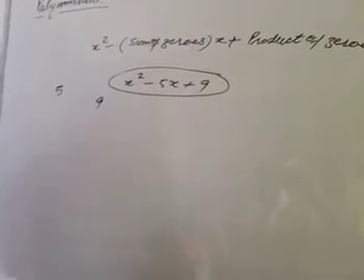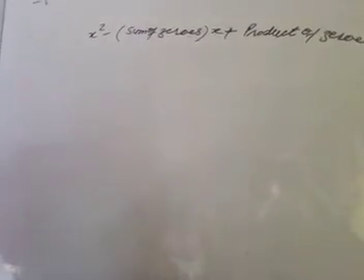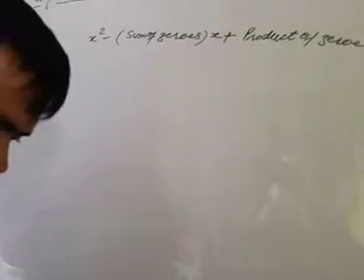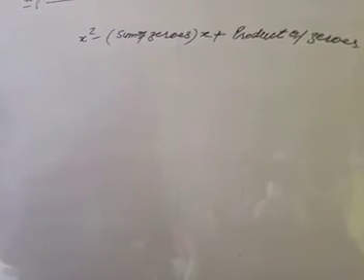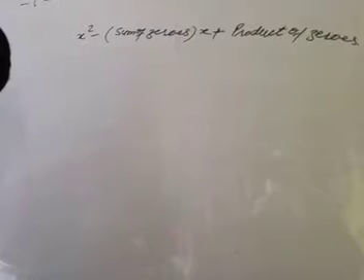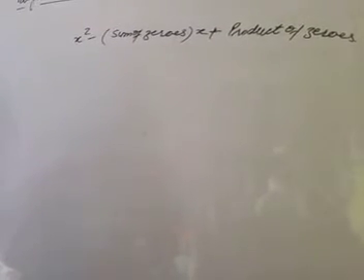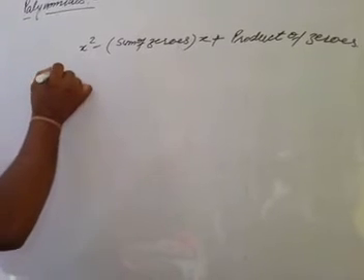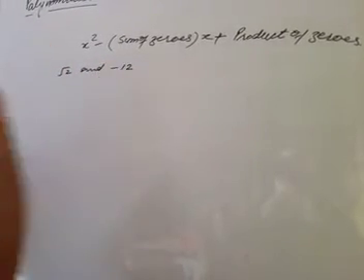Suppose they give the zeros, and we have to find the sum and product. They say find the quadratic polynomial whose zeros are root 2 and minus 12. These are the two zeros.